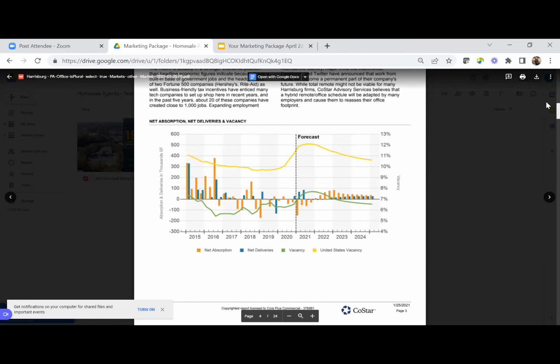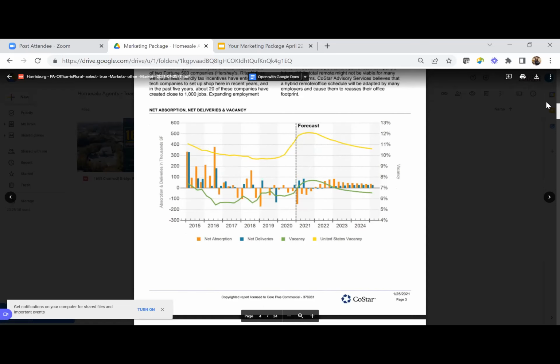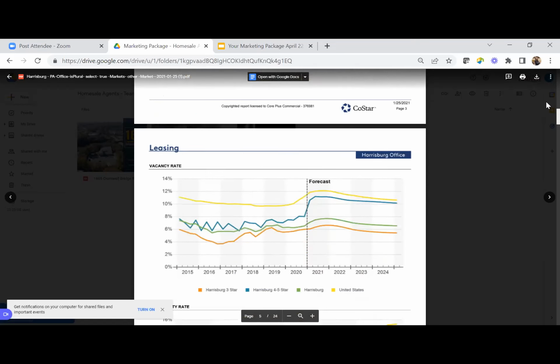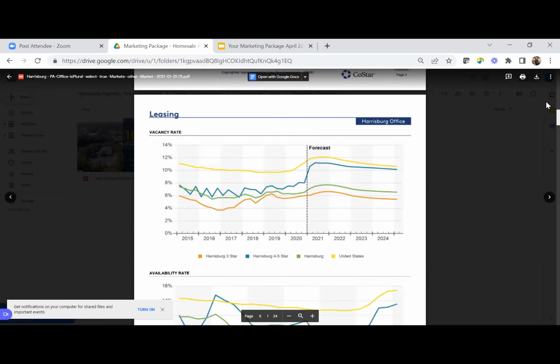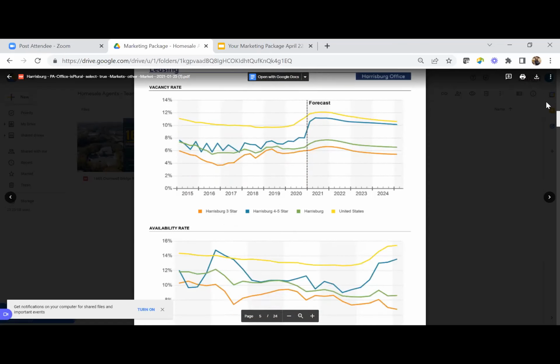So this area didn't see a major vacancy. So people were just kind of holding on, right? As you can see, in leasing, Harrisburg's vacancy rate was at 6, whereas the United States at this time was at about 11%.